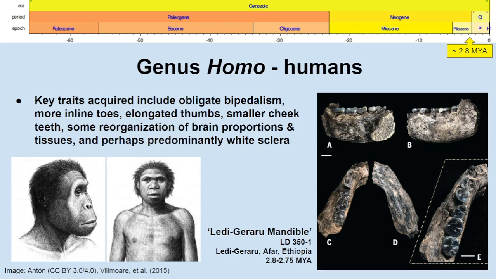Somewhat more uncertain is a possibility that the white sclera of our eyes became a fixed condition by the time of early Homo. So we're alone among the living apes in having eye whites, which experiments have shown play a role in nonverbal cues and signals between individuals, helping others focus on items in the direction of another's gaze.